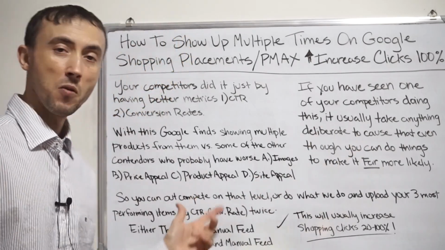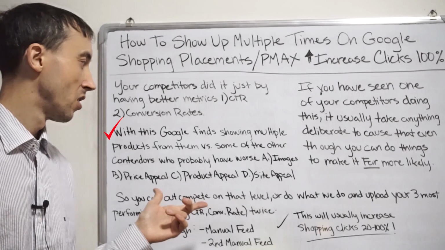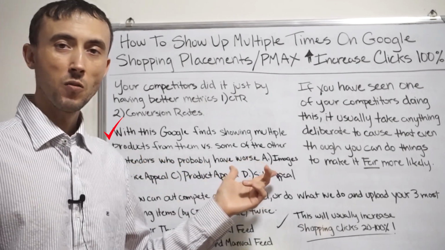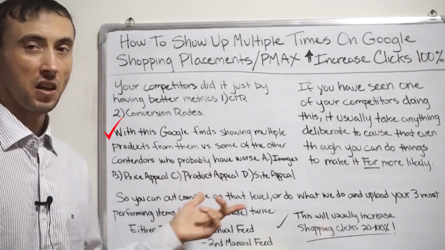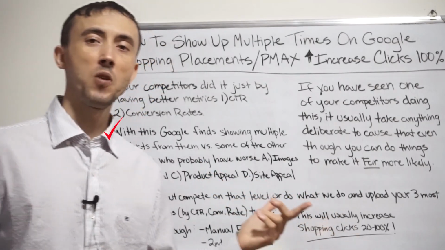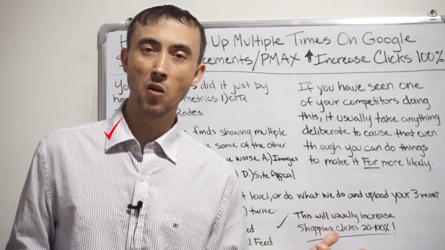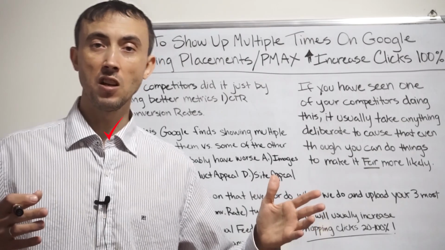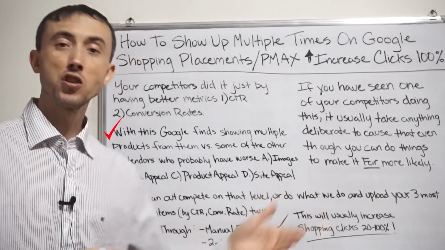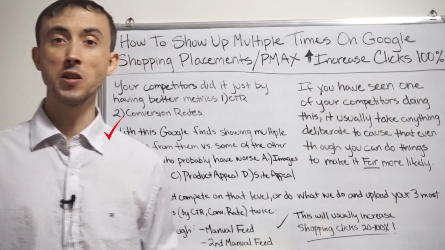But anyway, we're always trying to optimize for higher click-through rate, higher conversion rates using the things I said. But ultimately, this works particularly well with micro niches where there's not a lot of competition, and we'll upload the items again, we'll get shown 5, 6 times instead of 2 or 3 times in the shopping space.